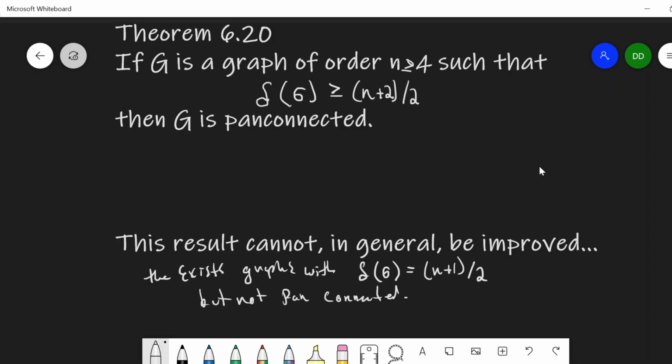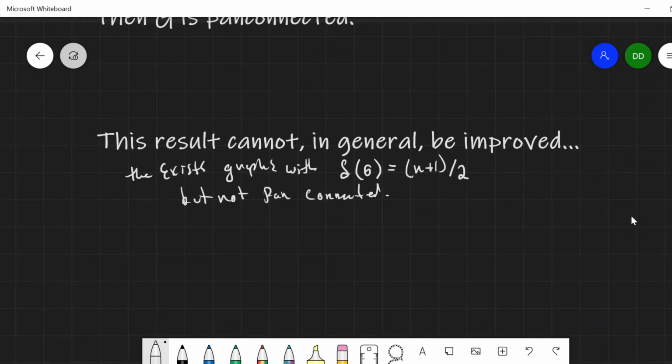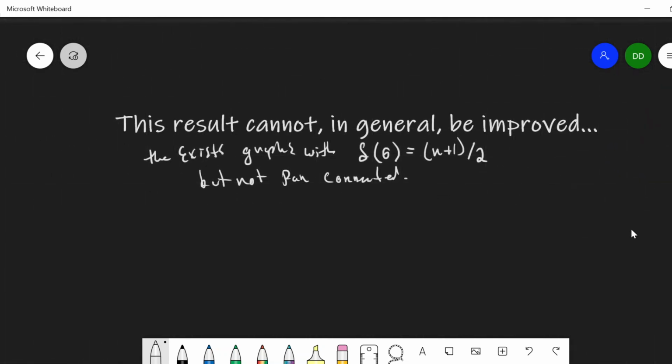So this is an infinite class of graphs, and that's what you would like for a sharpness type result like this. But I'll just show you for the smallest value of n that this will work for.